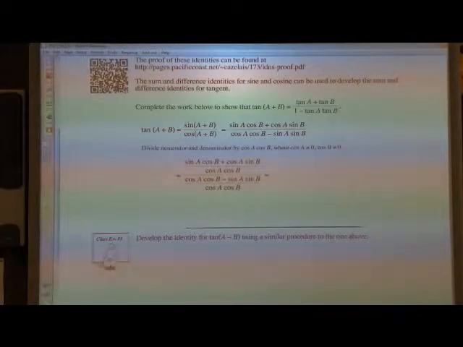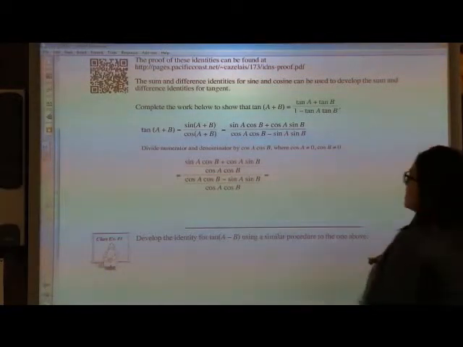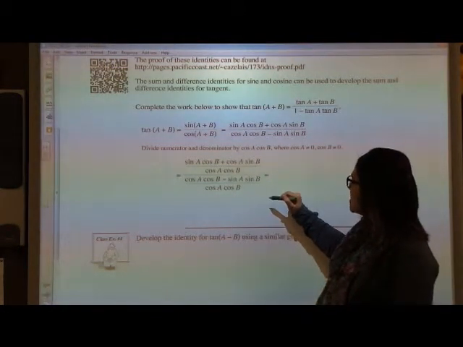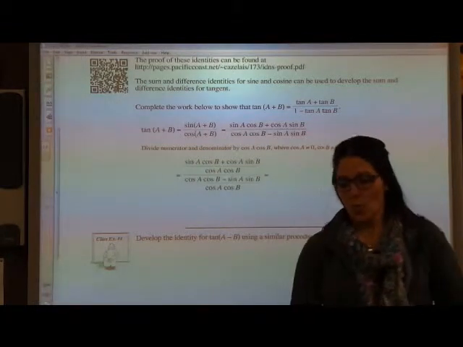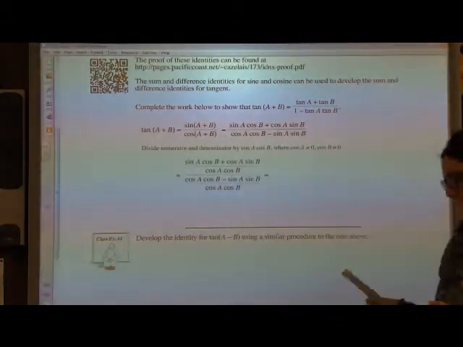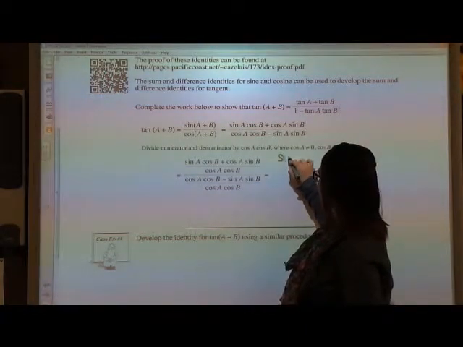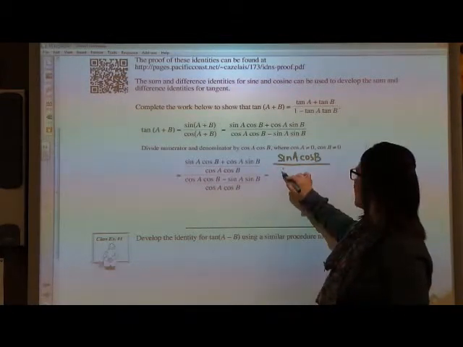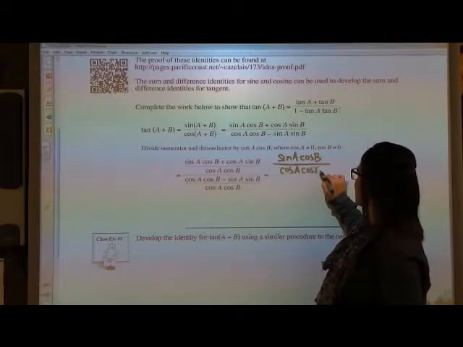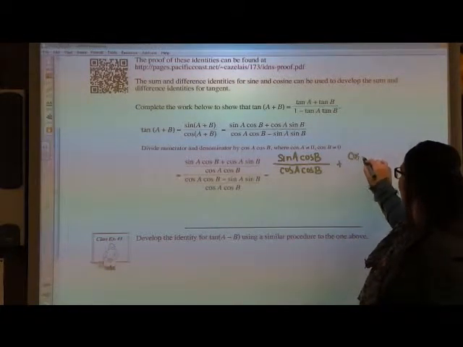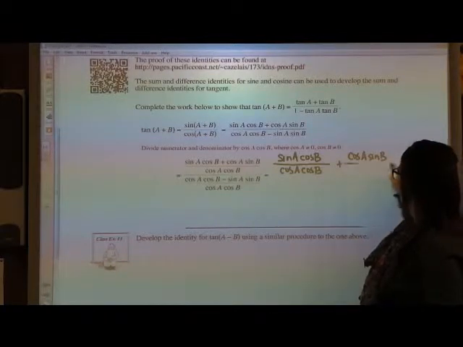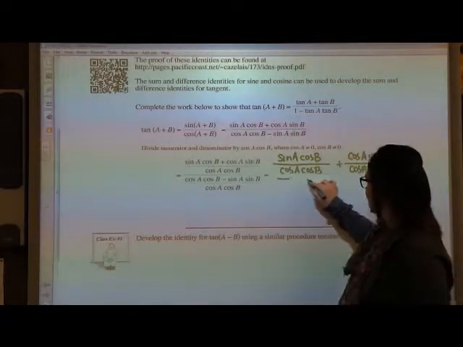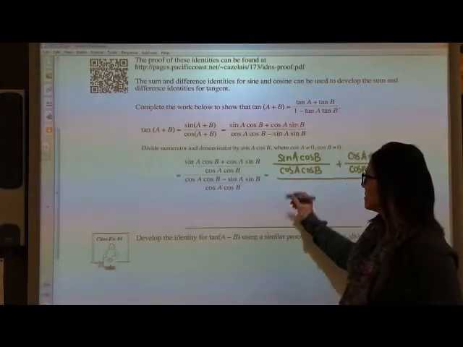So I rewrite sine and cos. And then what I'm going to do is divide the numerator and the denominator by cos A cos B. I'm going to actually separate it. So sine A cos B divided by cos A cos B plus cos A sine B over cos A cos B. And then this is all over, and I'm going to separate this out.